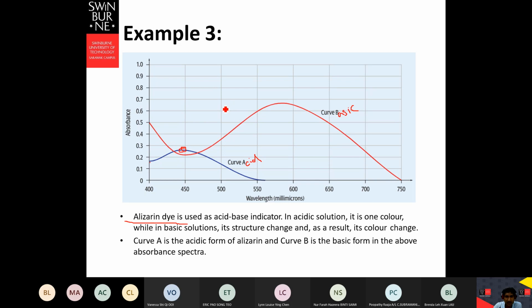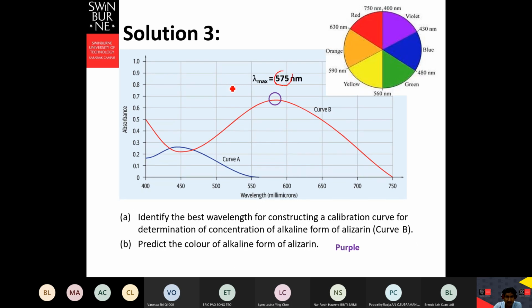And for B, the maximum absorption occurs at 570 maybe, or 580, something like that. 575 for alkaline. It's already given here, but if we want to understand how it's 575, it is here. 575 is absorbing the yellow region.